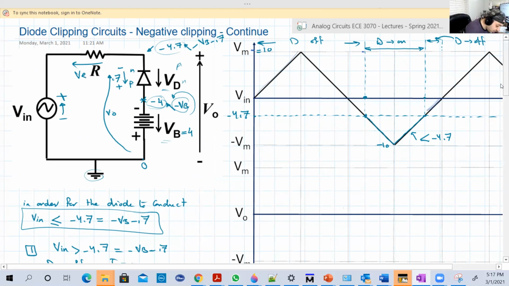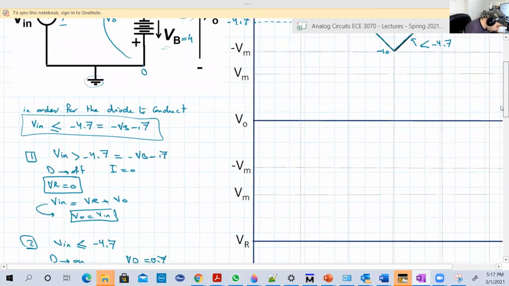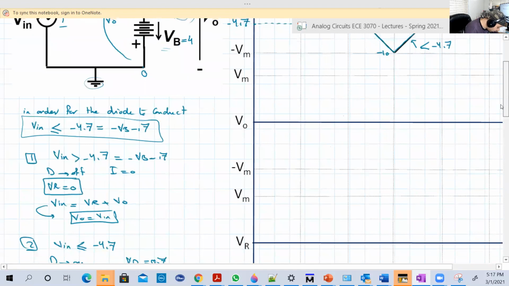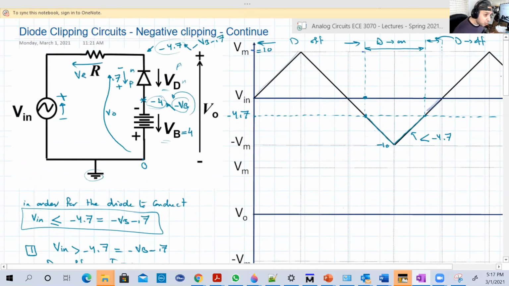What happens when the input is greater than minus 4.7? VR is 0 and VO is equal to V input. So when V input is 0, this will be 0. And for example, here 1, this will be 1. Here it is 10, this will be 10, and so on.